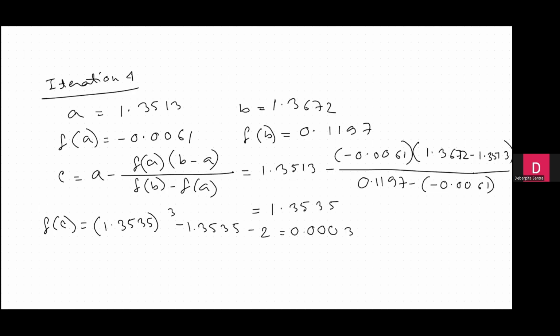So we see f of a is negative, f of c is positive, and f of b is positive, f of c is also positive. So f of b and f of c are of the same sign, but f of a and f of c are of different signs. So f of a into f of c will be negative, and as it is negative, we update b as c. So our new b will be the value of c, that is 1.3535. Okay. So now we have to proceed to iteration number 5.